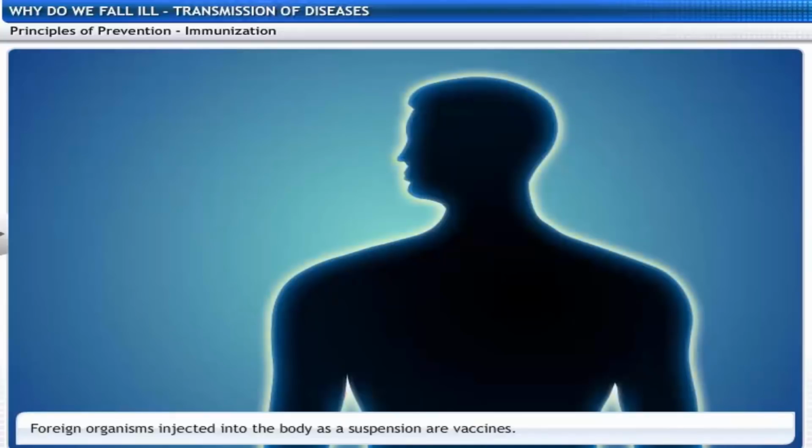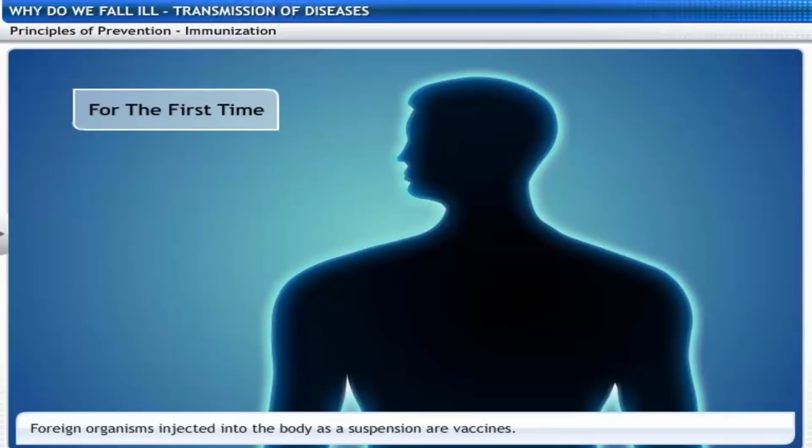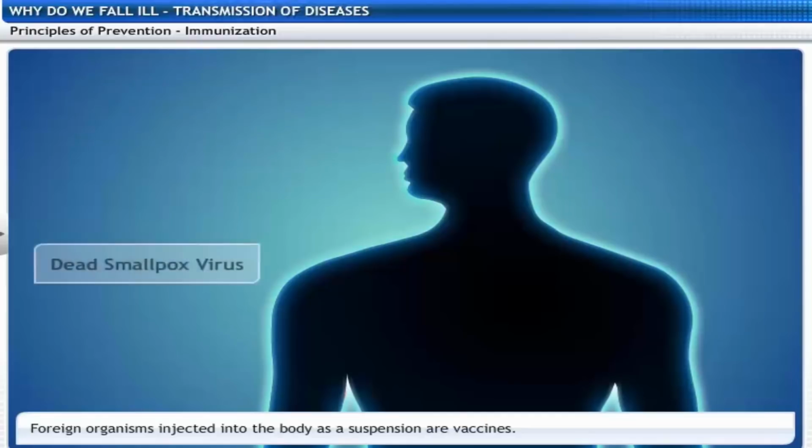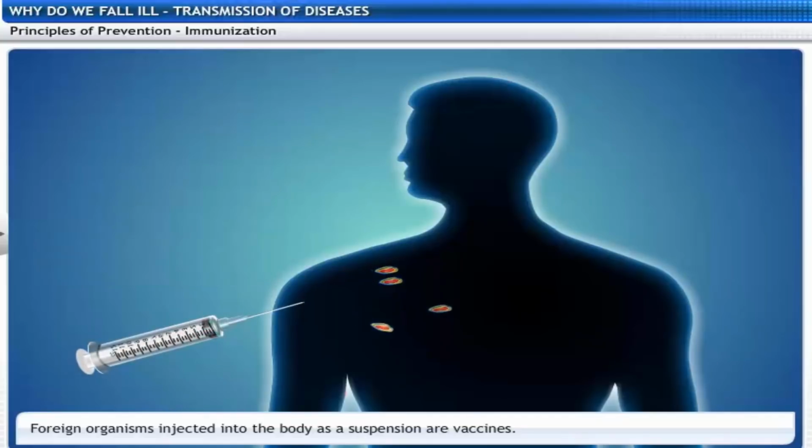However, you can prevent a virus like smallpox from infecting you the first time through vaccinations. In this process, foreign dead smallpox virus is injected into the body as a suspension. This is called a vaccine.